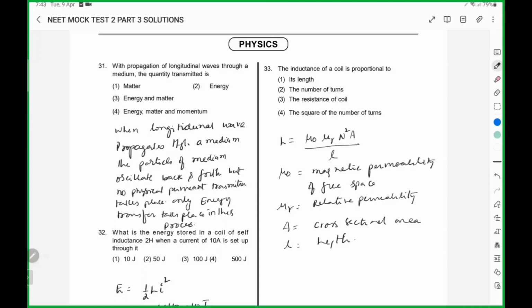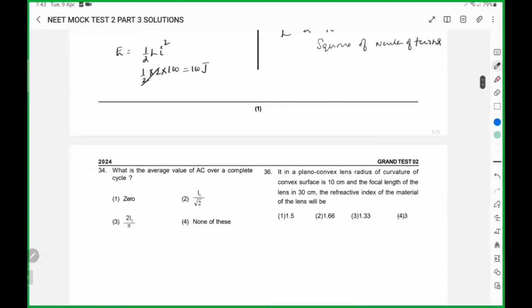So from the formula it is very clear that it is directly proportional to the square of the number of turns. This is inversely proportional to the length, that we will not consider.